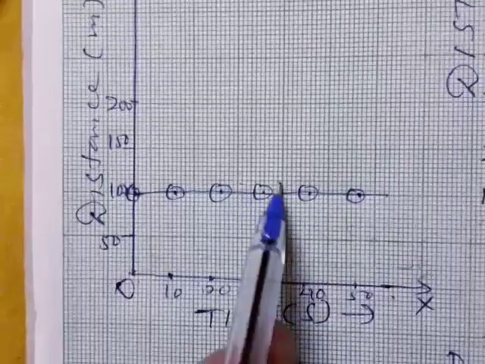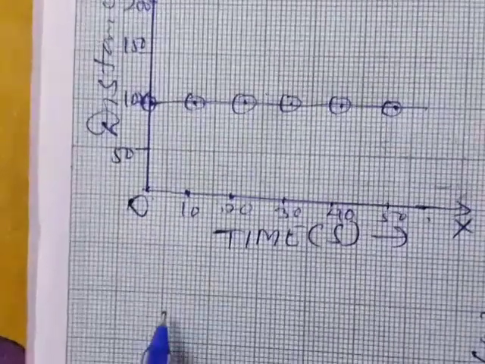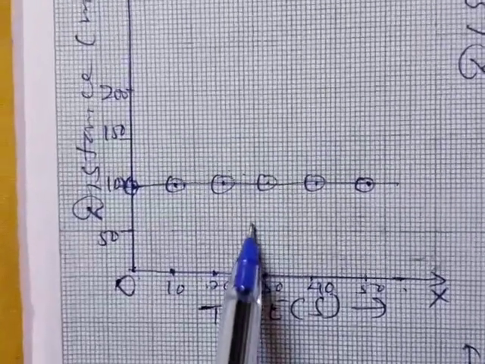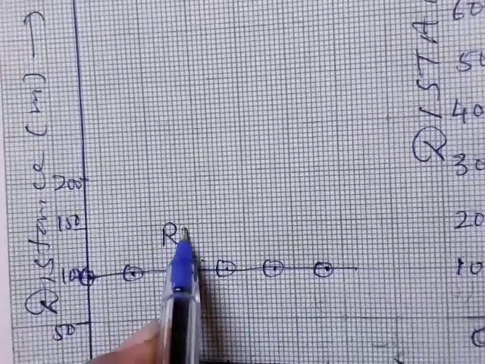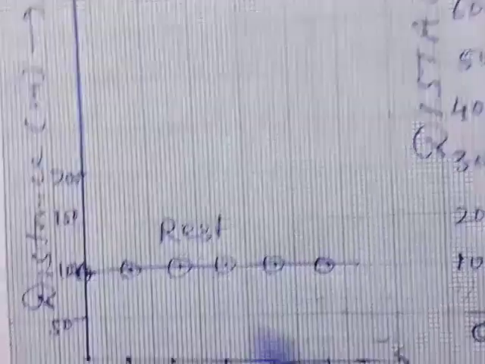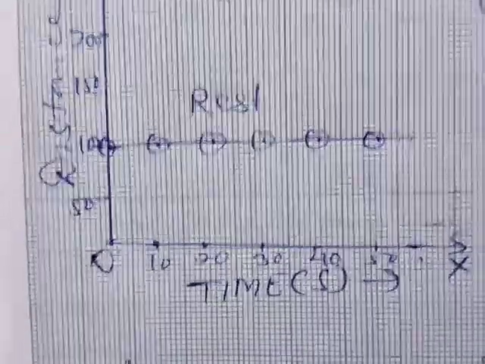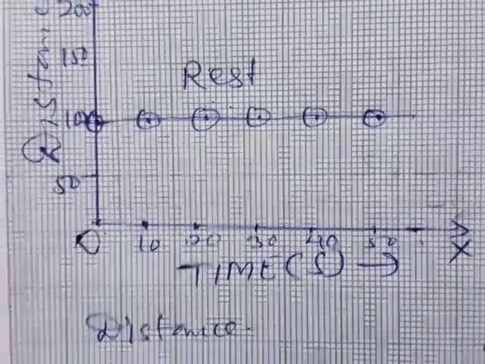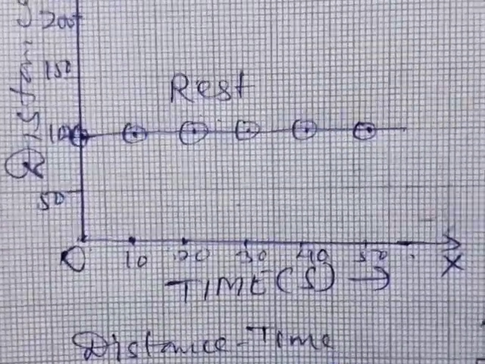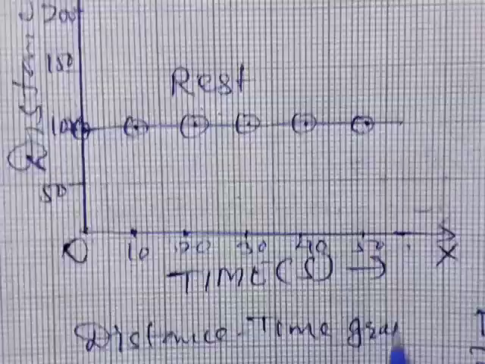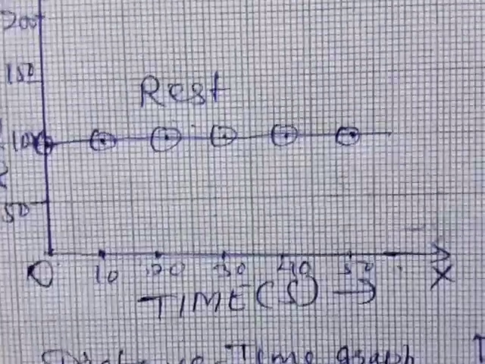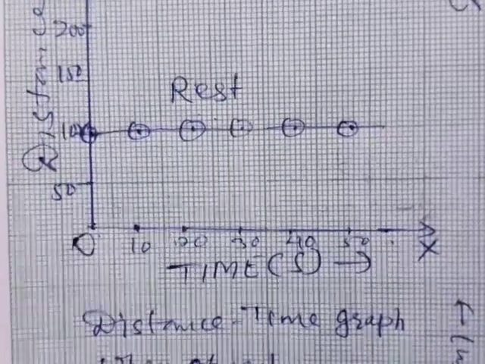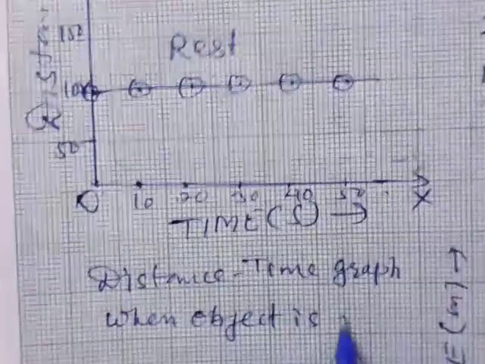Therefore, this graph indicates that the motion of the object is 0. That is, the object is at rest. There is no motion. So this is the distance time graph when the object is at rest.